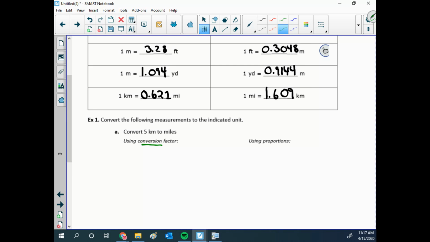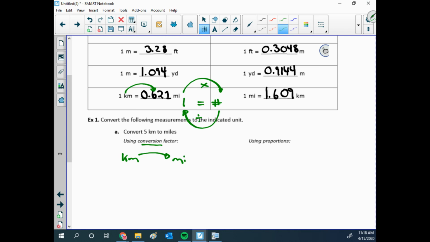In this example, we are going to go from kilometers to miles. So what I want to do is find a conversion factor that literally goes from kilometers to miles. That would be this right here. Now, if you remember from our previous lesson, anytime I have a conversion factor where 1 is equal to some number, to go from the left to the right, I multiply, and to go backwards, I divide.